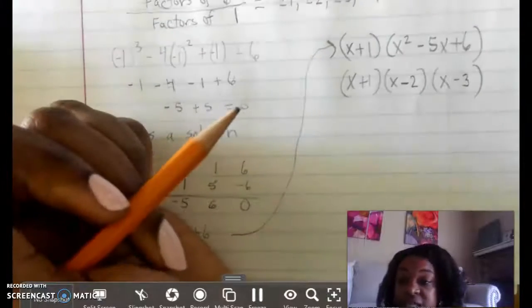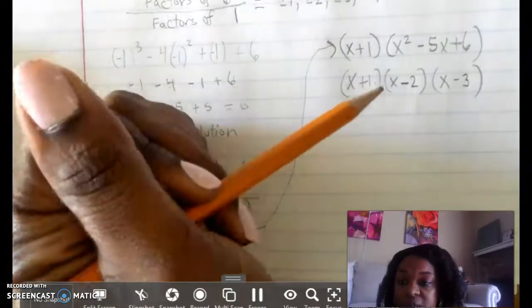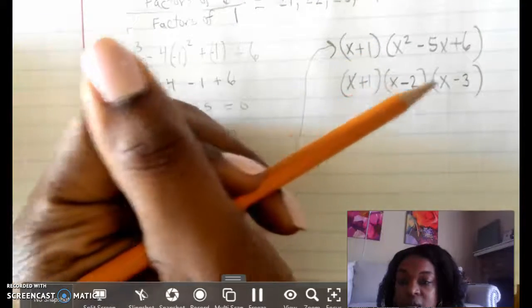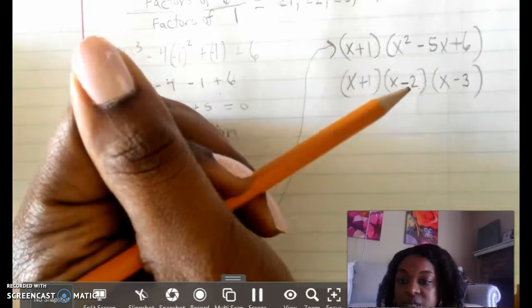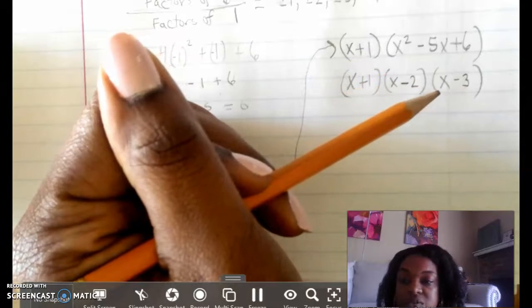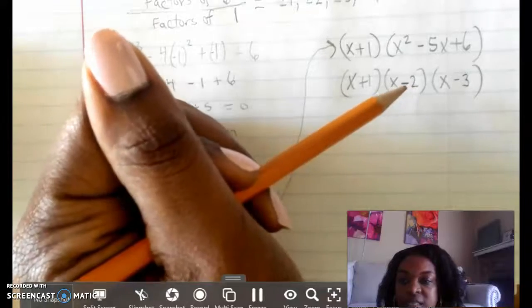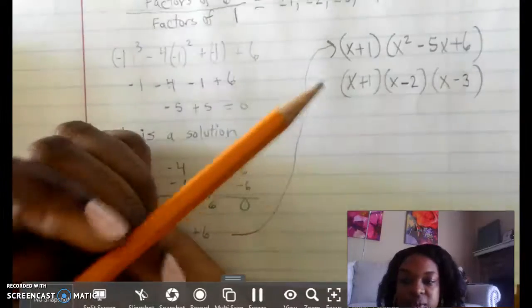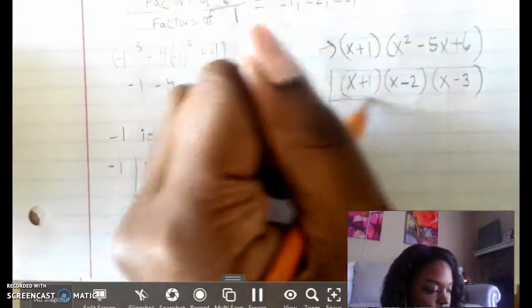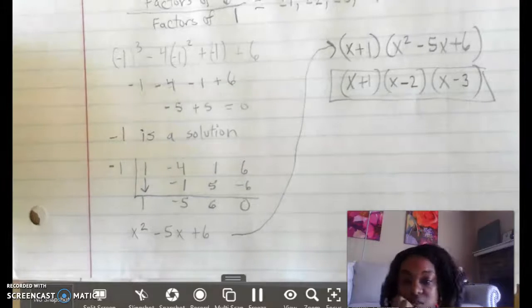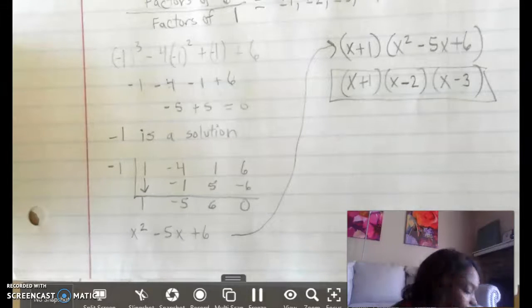So I'm just going to try some factors and see if that works if I FOIL. So x times x is x squared. x times negative 3 is negative 3x. Negative 2 times x is negative 2x. That works. That gives me negative 5x. And then negative 2 times negative 3, well, that's a positive 6. So here I have found all the factors of this polynomial.